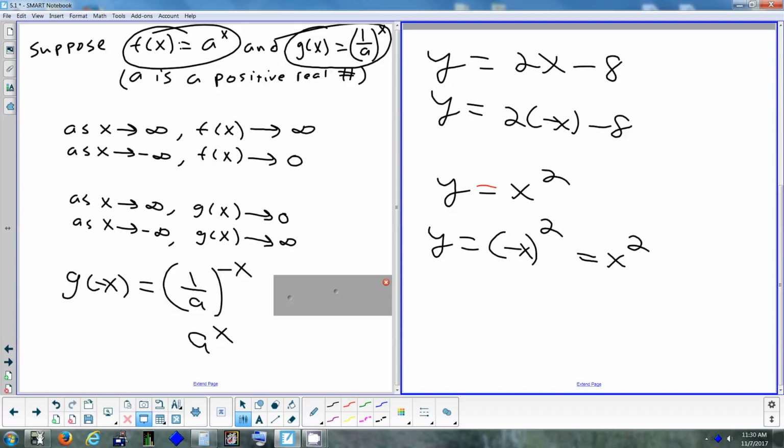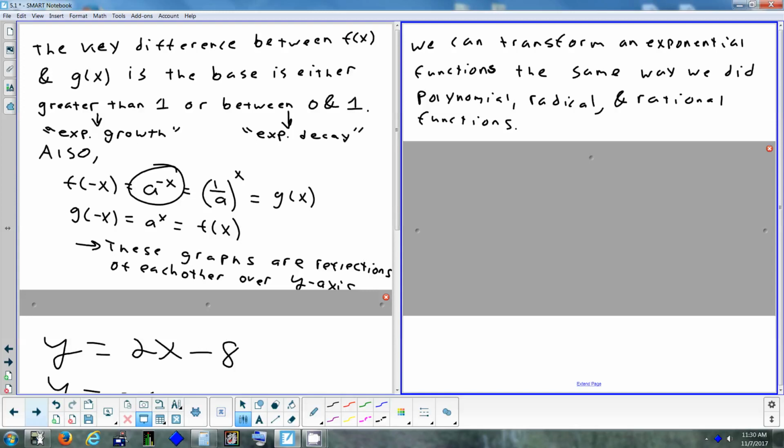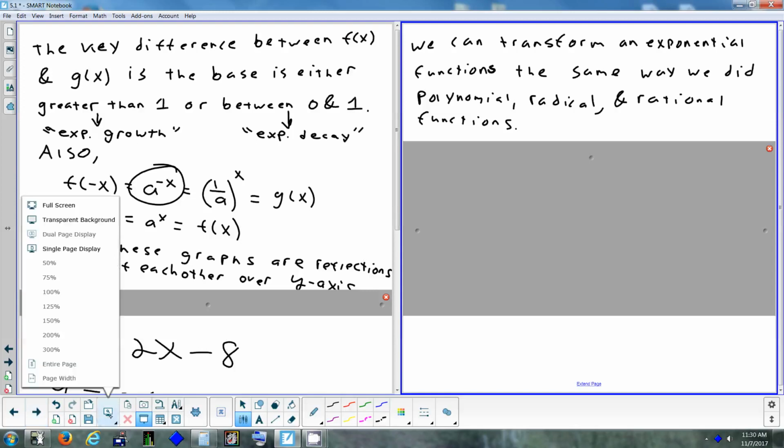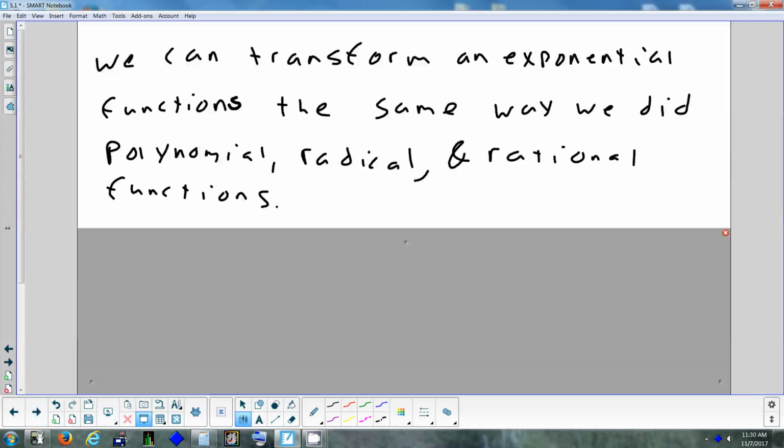So that's what I just got right here. The original is the same as when you replace it with a negative. And that makes sense because a parabola has a line of symmetry on the y-axis. If you mirror image it, you wouldn't notice a difference. All right, so transformations work exactly the same way they have in every function we've studied.